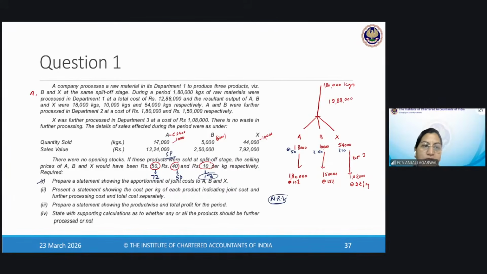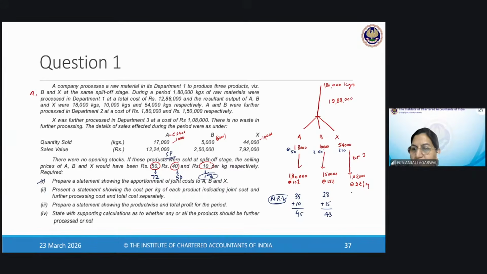We would have again ignored quantity sold of 17, 5, and 44. Okay. So now we know one more piece of information: product A was costing us 35 plus 10, 45. Product B is costing us 28 plus 15, 43.